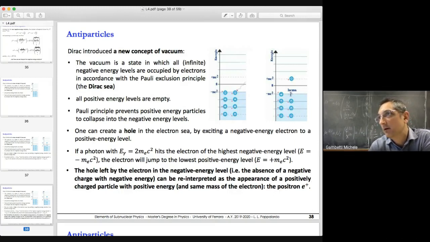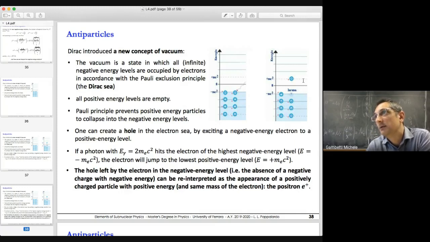The missing of an electron with negative charge in this negative energy level, so this hole here, can be reinterpreted as the presence of a positively charged electron with positive energy. Something that is physical, positive energy, you can of course accept. And this was the idea of the positron. The positron is the antiparticle of the electron.